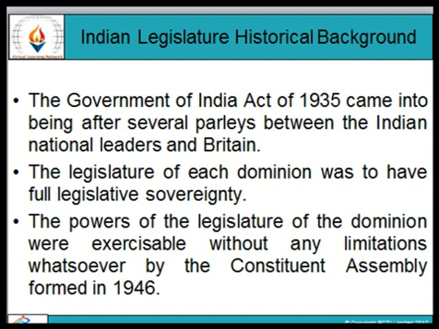The legislature of each dominion was to have full legislative sovereignty. The powers of the legislature of the dominion were exercisable without any limitation whatsoever by the Constituent Assembly formed in 1946.